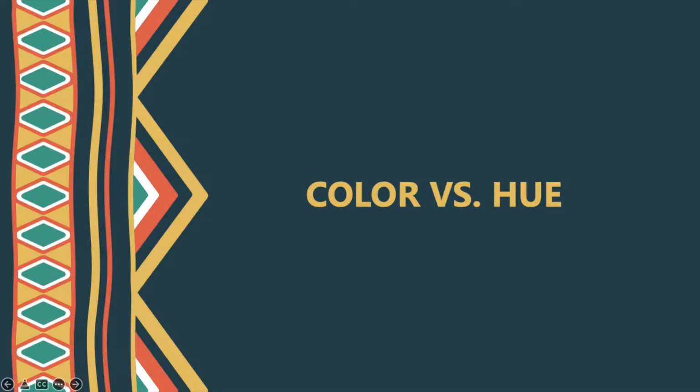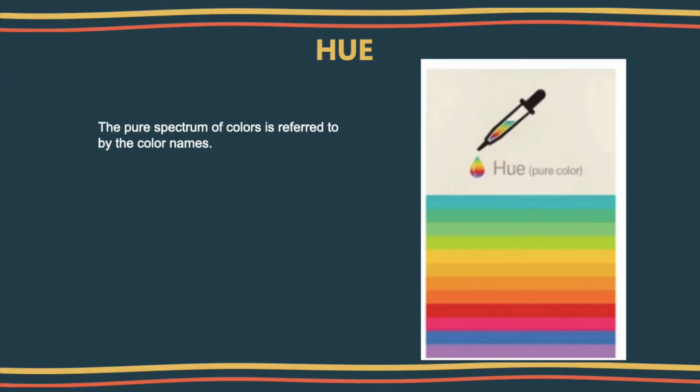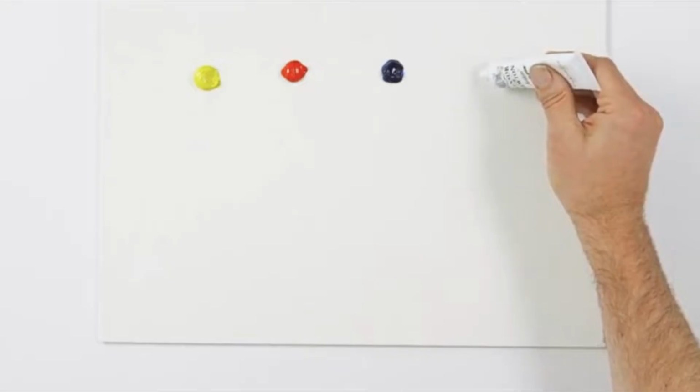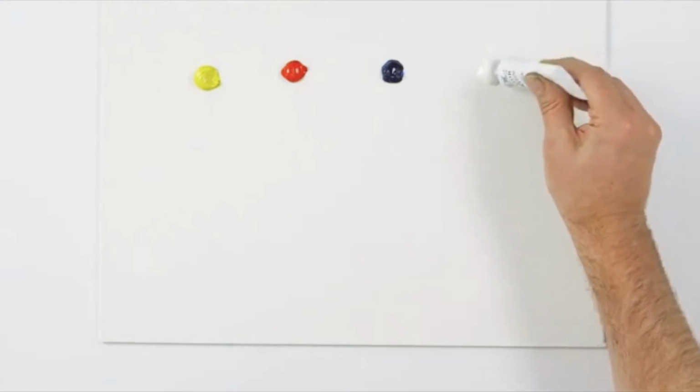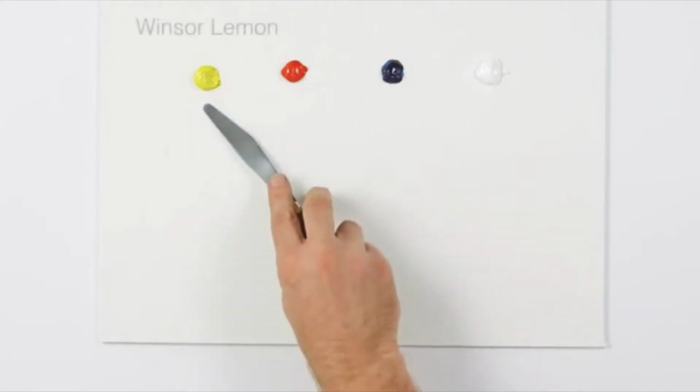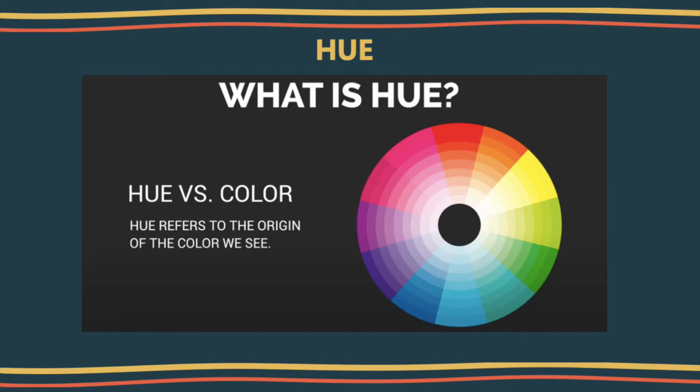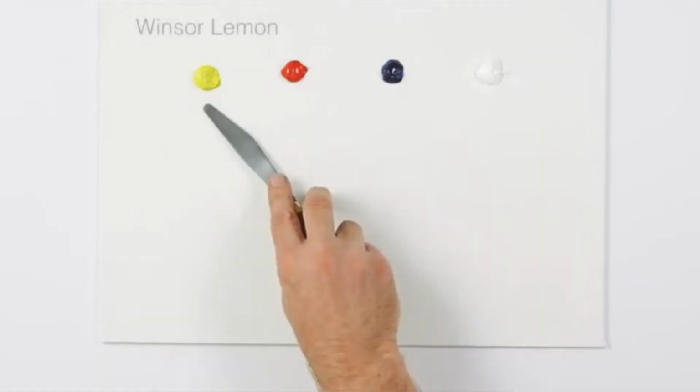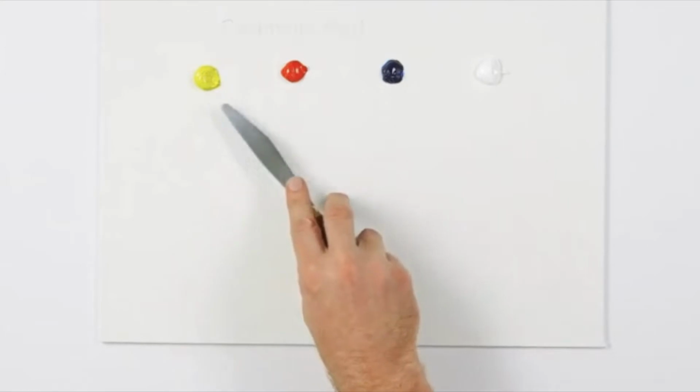Let's move on to hue versus color. So basically, in color theory, a hue is defined as or refers to a pure pigment, one without tint or shade. Hues are first processed in the brain, and hue also refers to the origin of the colors that we see.